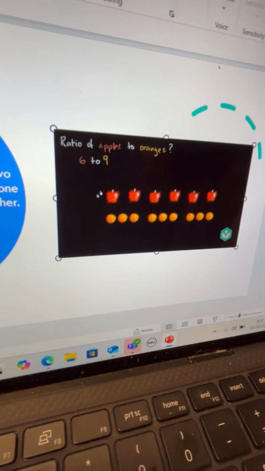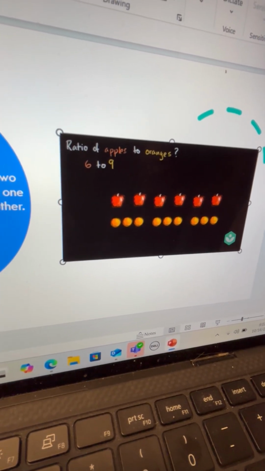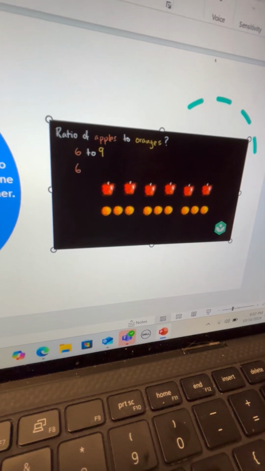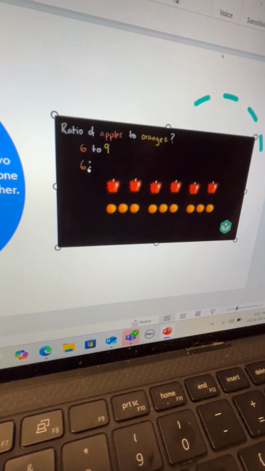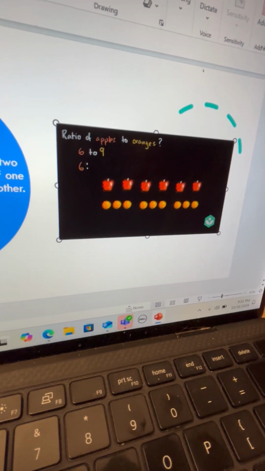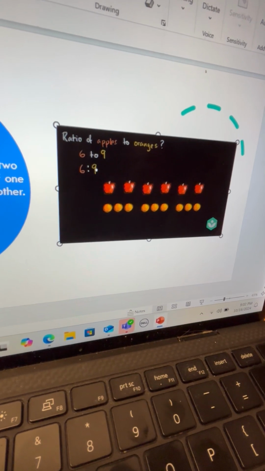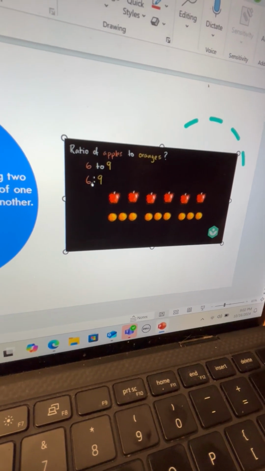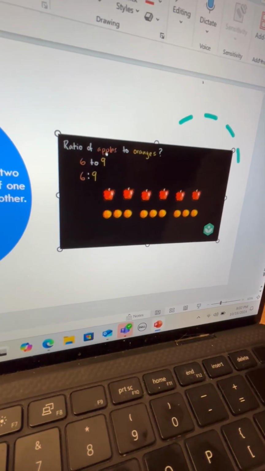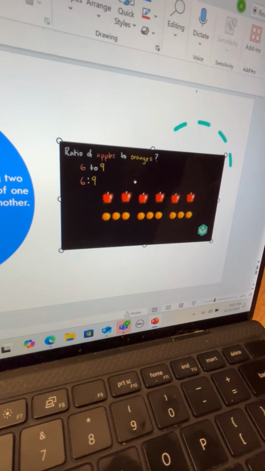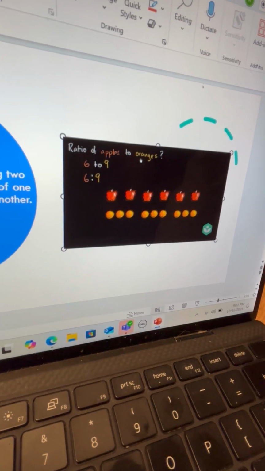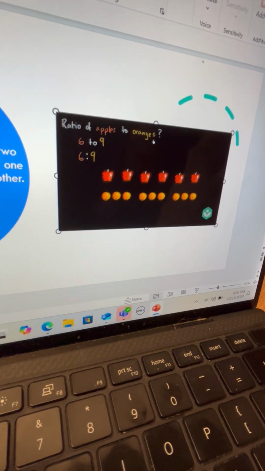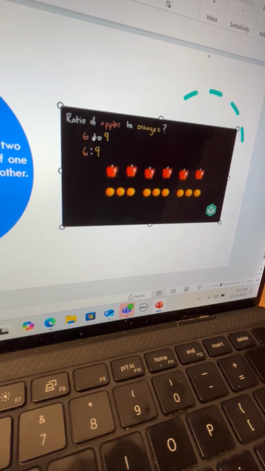You could also use different notation, but you would still read the ratio as 6 to 9. One way to think about ratios, especially apples to oranges, is how many apples we have for a certain number of oranges. When you think about it that way, we can reduce these numbers.